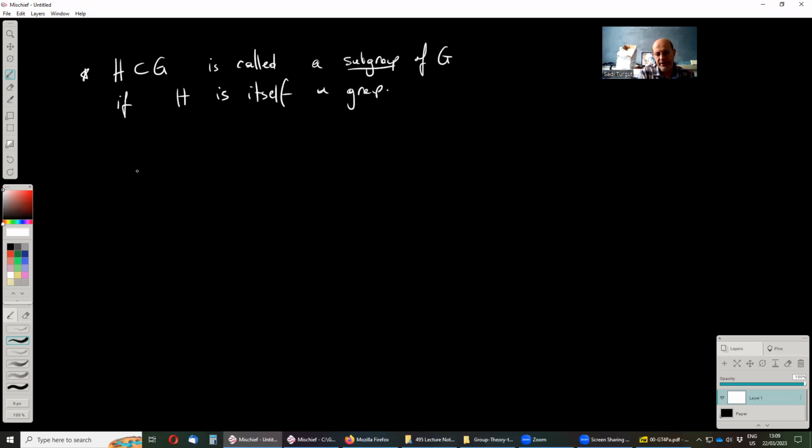This essentially implies that the identity is an element of the subgroup. Pictorially, H is some subset, and the identity must be in there. So that's the first thing.